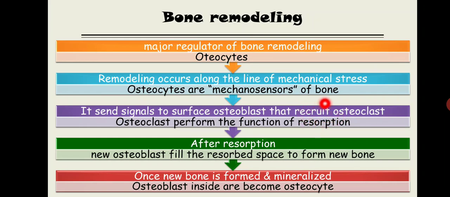Once the resorptive activity is over, it makes a space, and that space will be invaded by osteoblasts. The osteoblasts will secrete collagen fibers and then mineralize them with calcium, phosphate and hydroxide ions to make hydroxyapatite, and these osteoblasts will be entrapped inside their own secretion and converted into osteocytes.